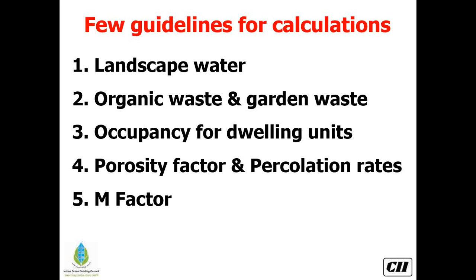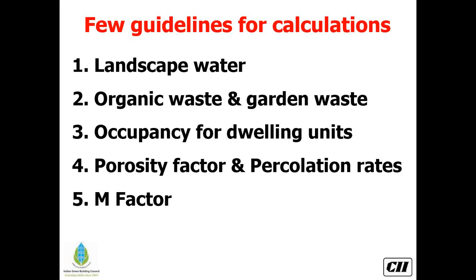Coming to the fourth guideline, that is porosity factor and percolation rates, which are more important in rainwater harvesting calculations. When you take a rainwater harvesting pit of 1 meter by 1 meter by 1 meter size, that is 1 cubic meter volume, it is formed with layers of gravel and sand.